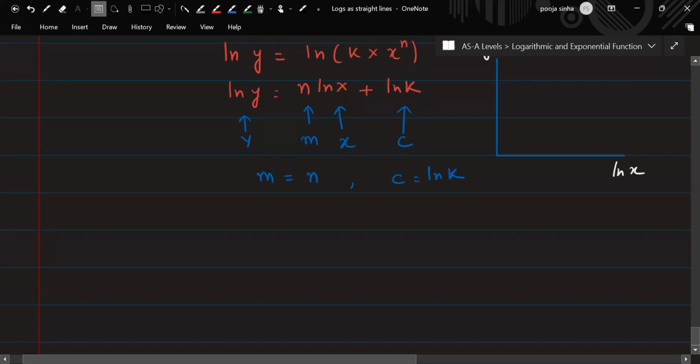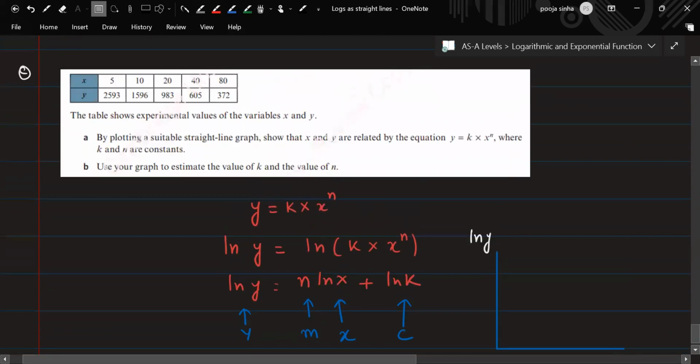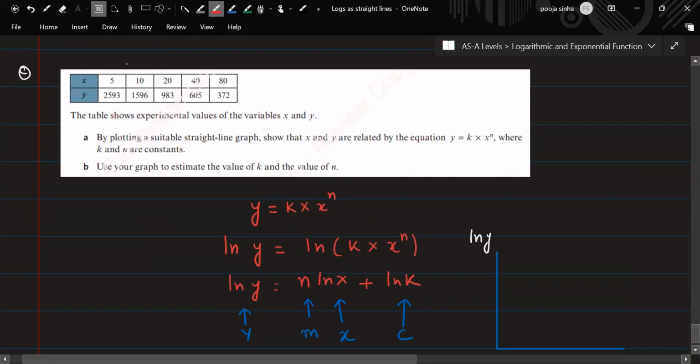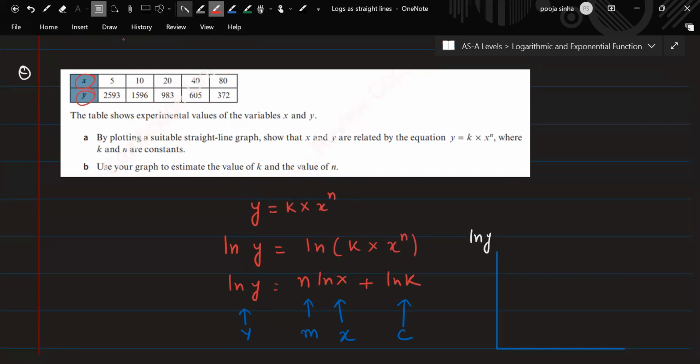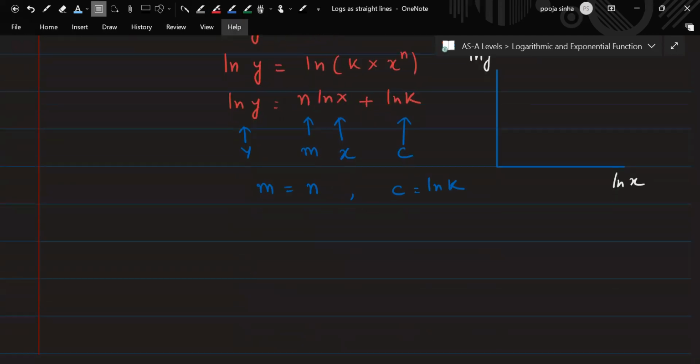Now to plot something, what do I need? I need a table, right? But the table which is provided to us is what kind of table? An X and Y table. But what do we need? ln x and ln y. So what are we going to do?